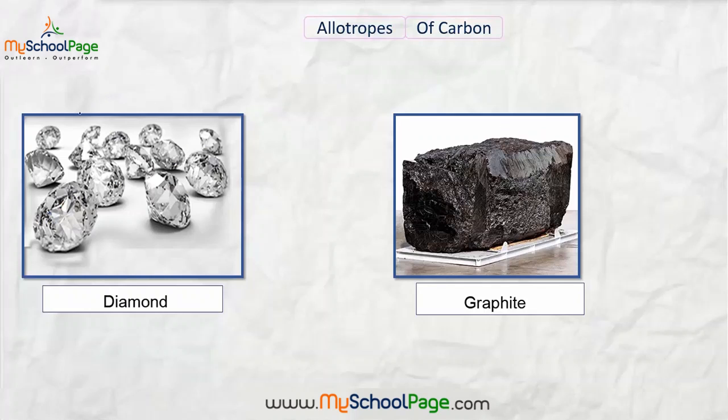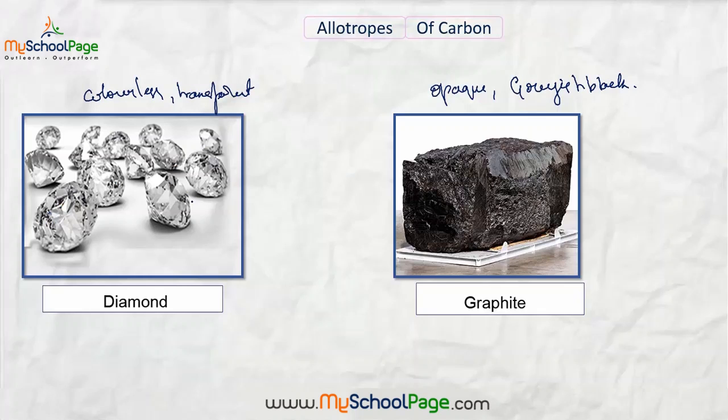So here we have a solid which is colorless and transparent, whereas graphite is opaque and the color is grayish black.